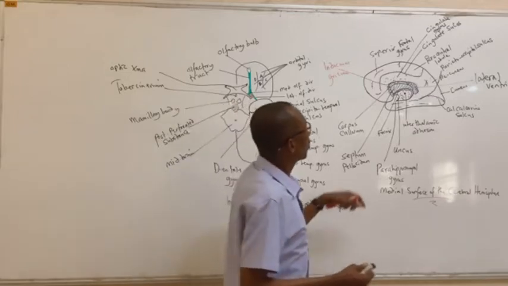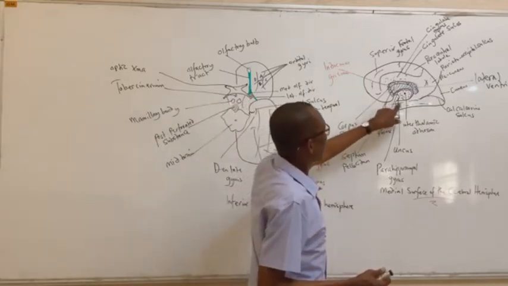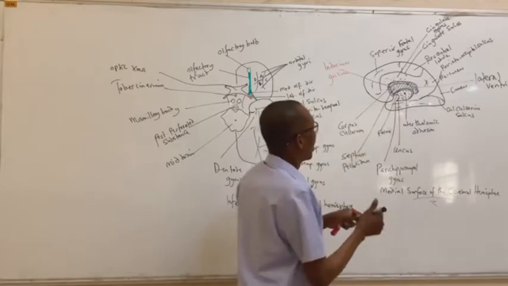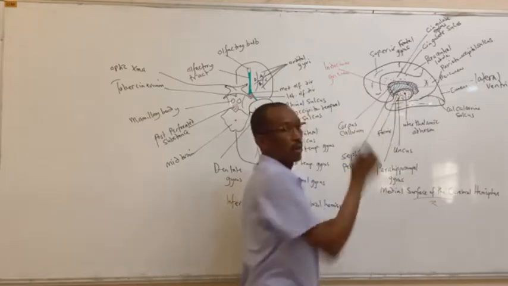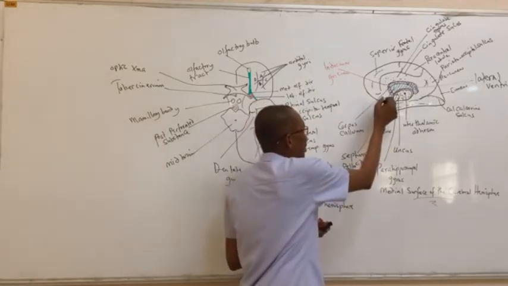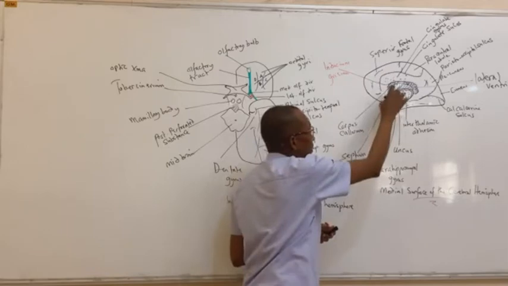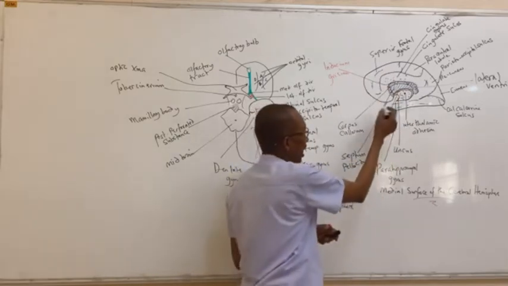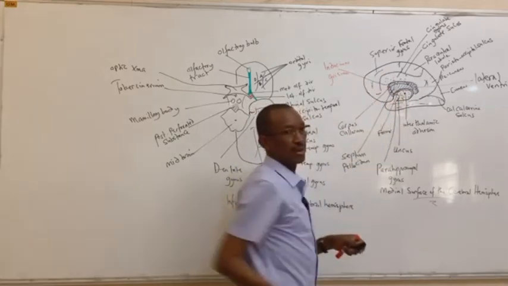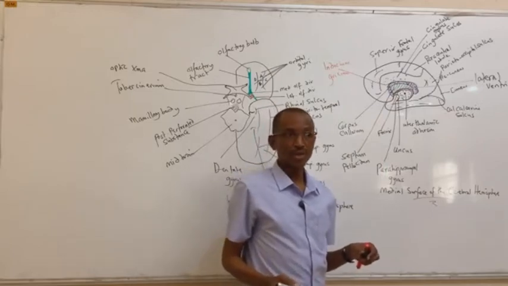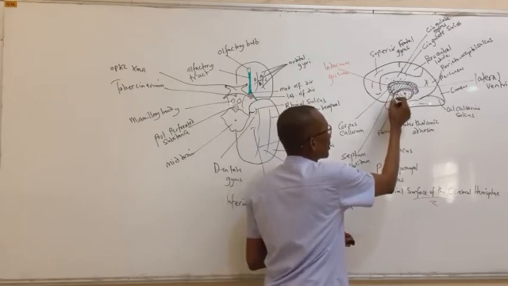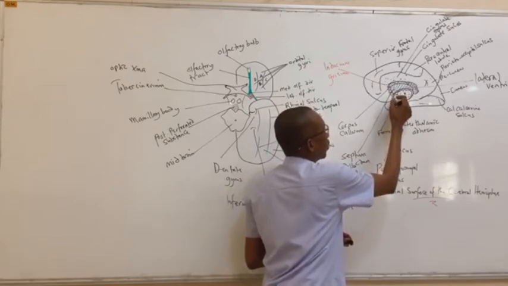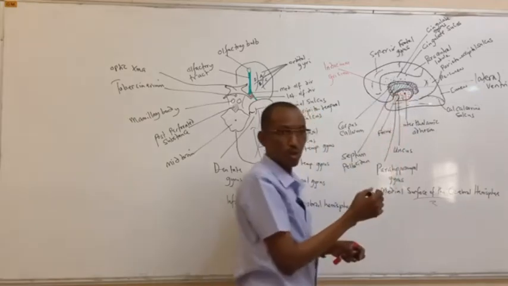And so by the time you now look at the temporal lobe here, if you can remember, we have made mention of one fissure or sulcus that demarcates the frontal lobe from the temporal lobe below here. And that is what we call the lateral sulcus of Sylvius. As it extends like that, you are going to see that the temporal lobe here bends backward.